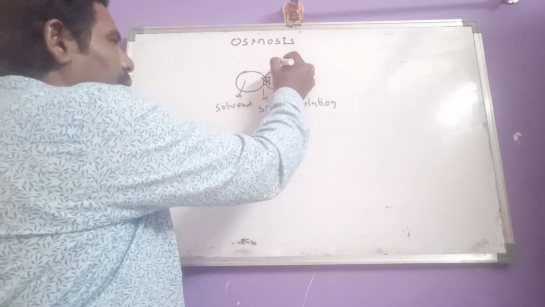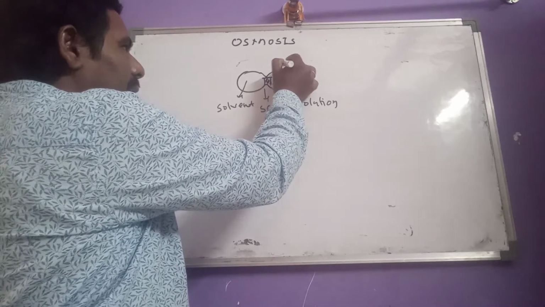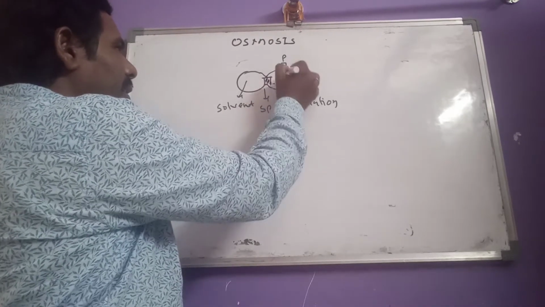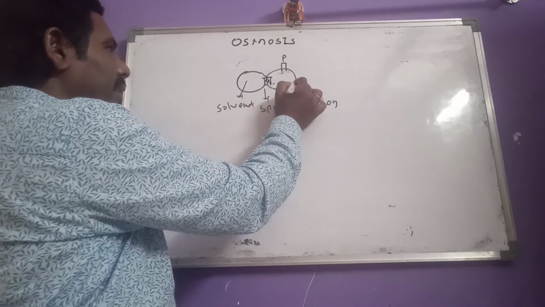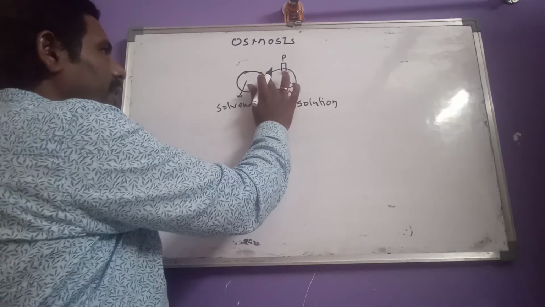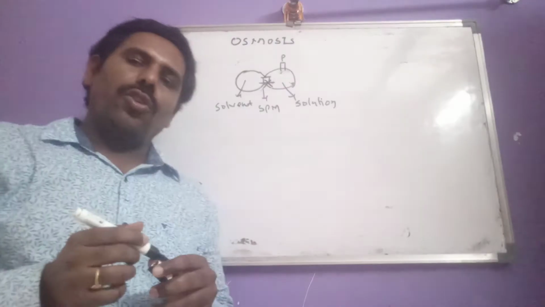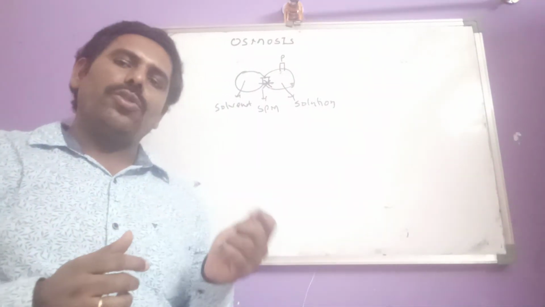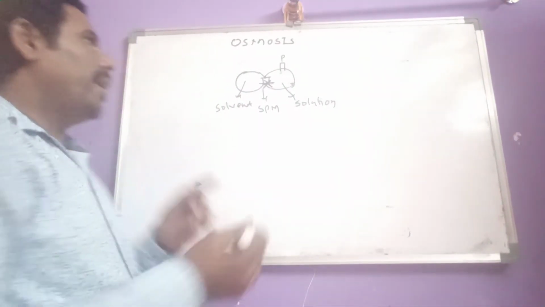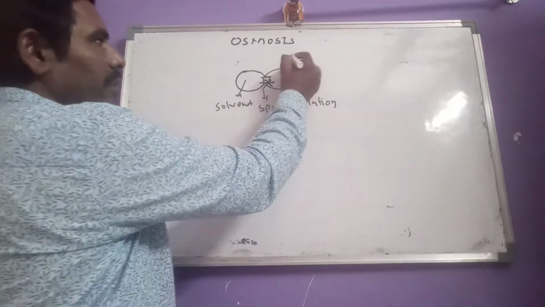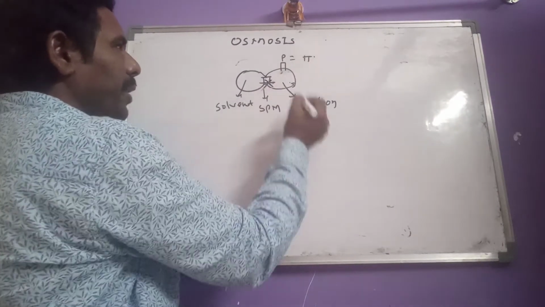Now, if we apply a required pressure on this solution side, what happens here? This process has been stopped. There is no flow of solvent into the solution. And that pressure is known as which one? Osmotic pressure.